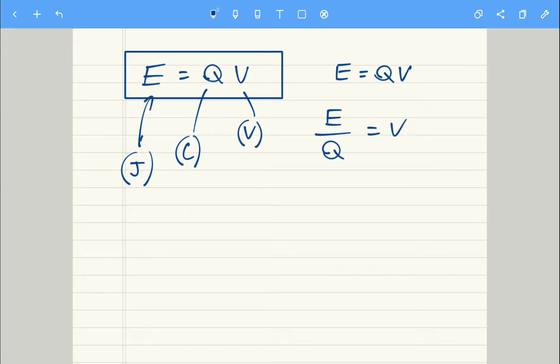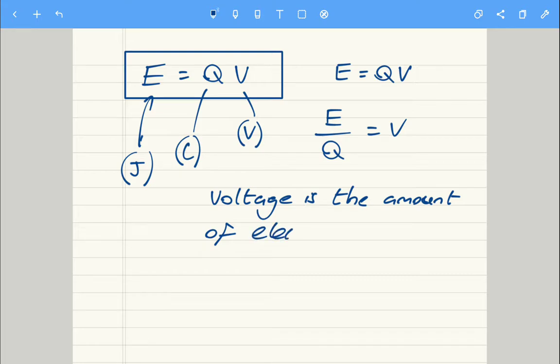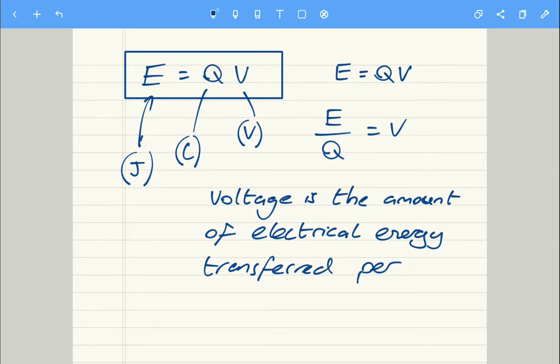So now we could write a definition. Voltage, please excuse my writing if it's not very neat. Voltage is the amount of energy, or the amount of electrical energy, transferred per coulomb of charge.